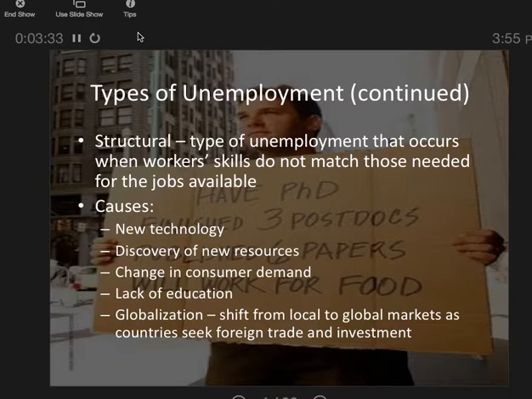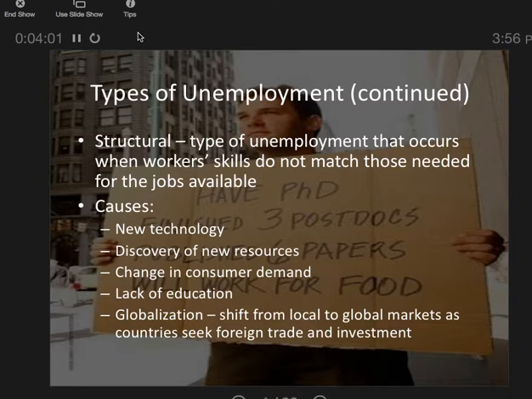Changing consumer demand is another cause. Maybe it's something that people no longer want, and as a result there are layoffs, and in the type of work you're in, there's not enough demand for it anymore. I would say maybe the printing industry, the newspaper industry, the production of it. There just aren't as many jobs anymore, because people are reading more online and don't want to have a hard copy of something.